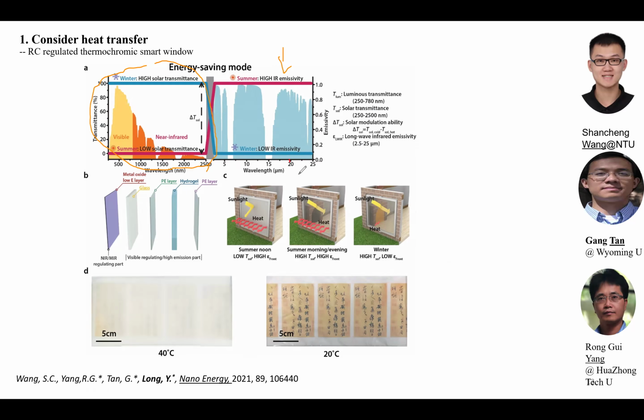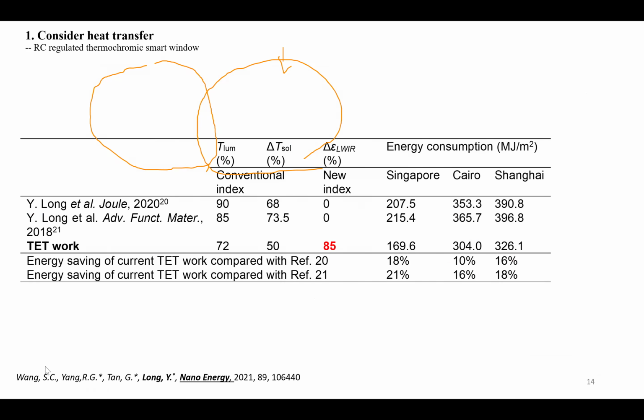At the very beginning, we used very simple ways. We just used a flipping of the window to try to control this region, and we can see that once we introduce a new performance index, we can get them super high.